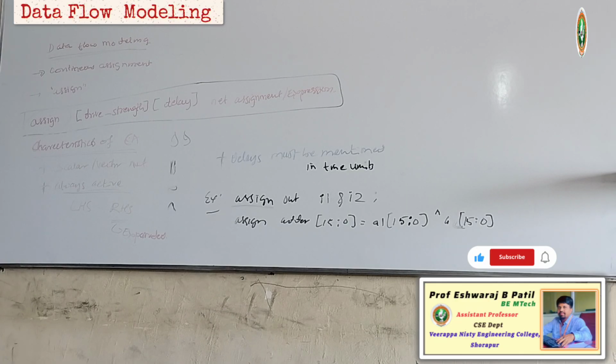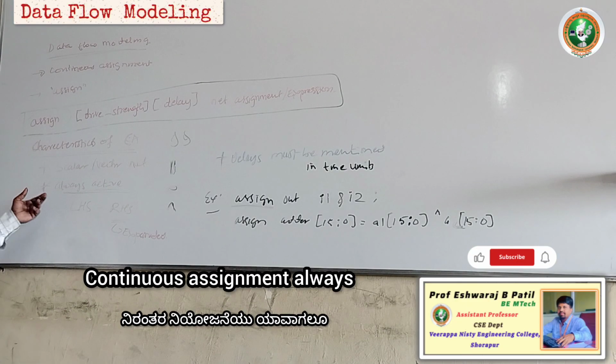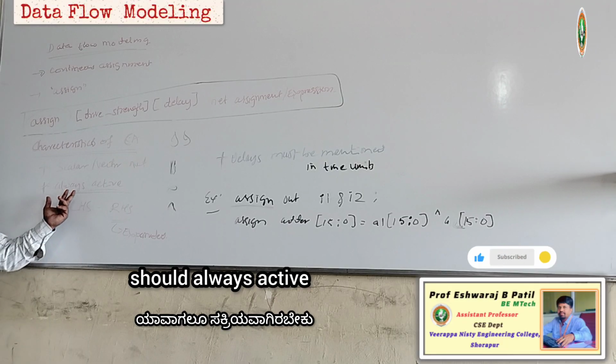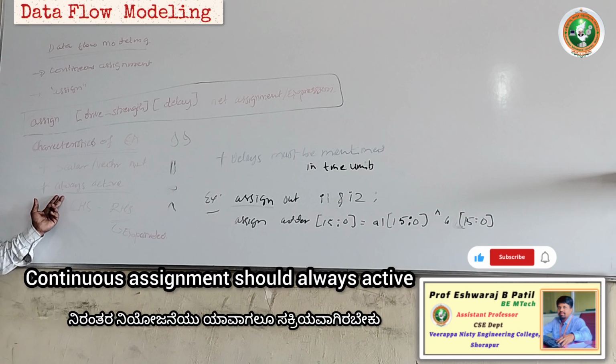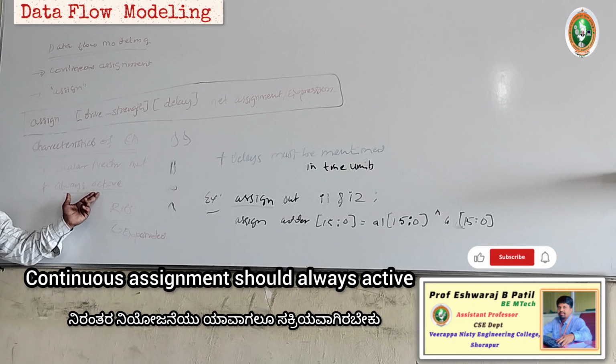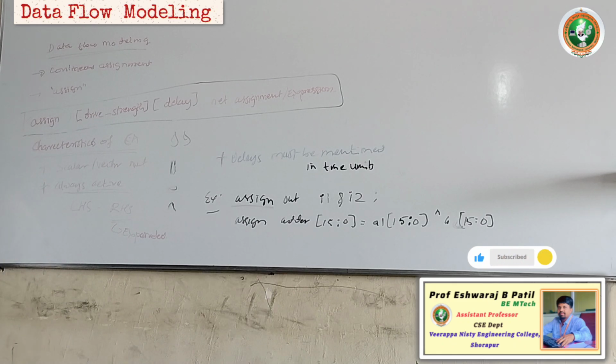Next is that continuous assignment should always be active. Continuous assignment should always be active as the RHS expands.